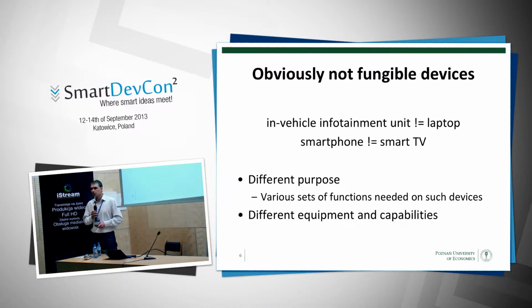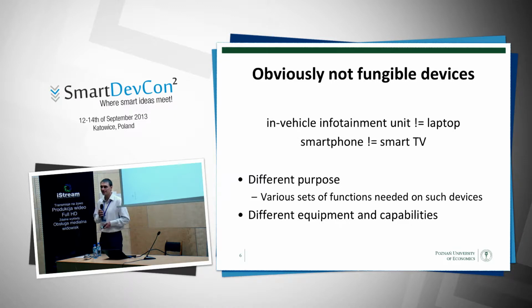Of course, not all devices can be fungible. Devices like in-vehicle infotainment units are not fungible with laptops, or smartphones are not fungible with smart TVs. It's mostly because their purpose is different.